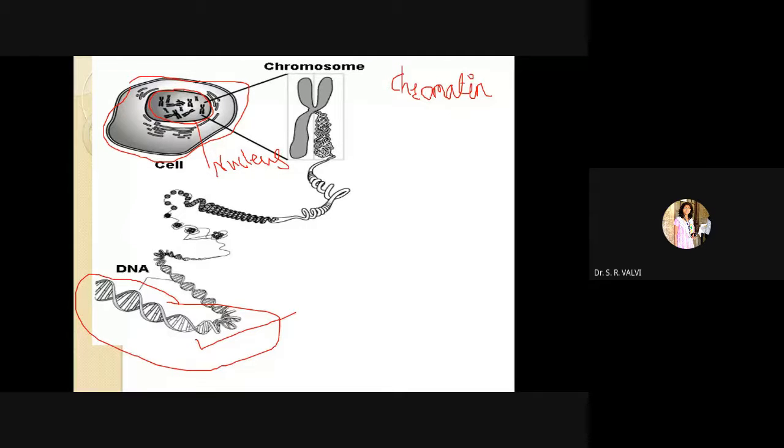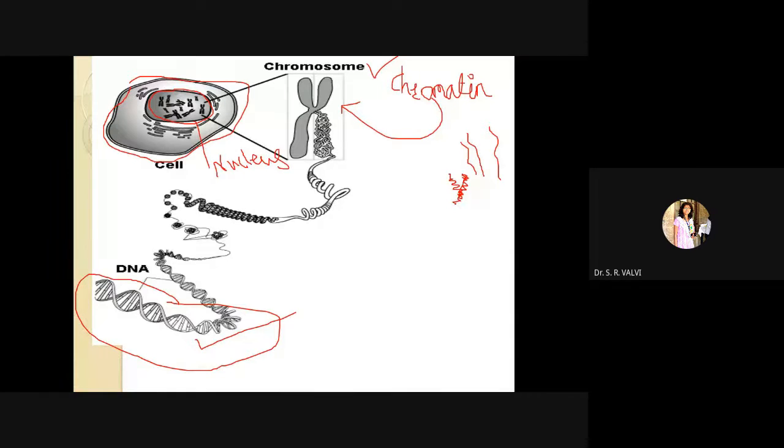So chromatin condenses to form the structure called the chromosome. Please do remember, this is again a thread-like structure which is condensed more to form these structures.